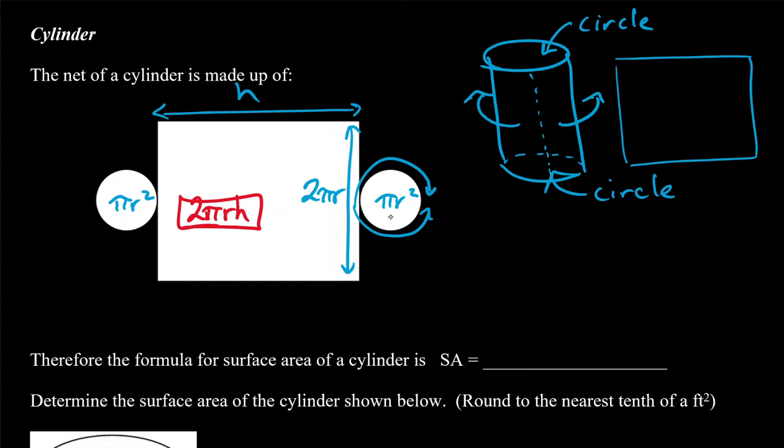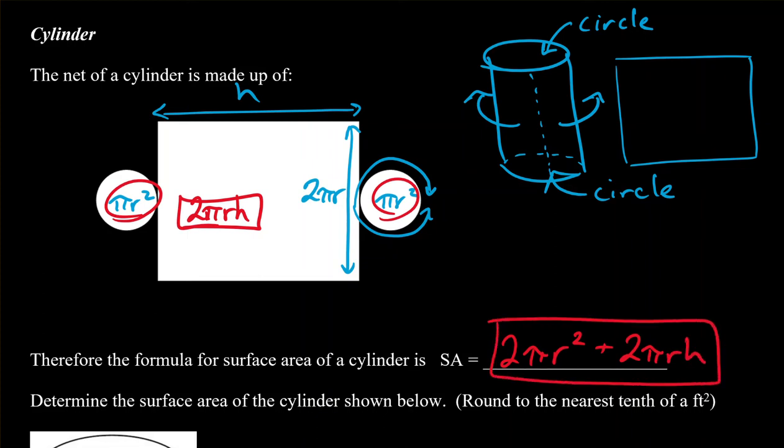If we add it all up, we take two circles, so 2 pi r squared, and we add it to this rectangle, which is 2 pi r h. That's the formula for the surface area of a cylinder. You don't necessarily need to know that, but it's good to understand where that information comes from.